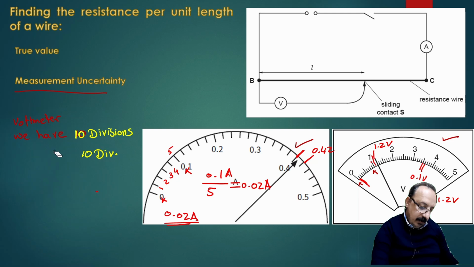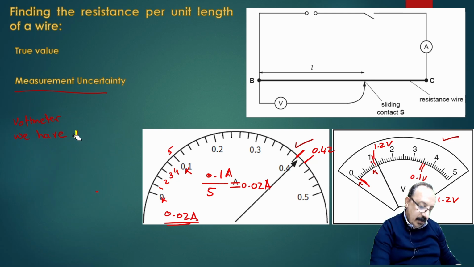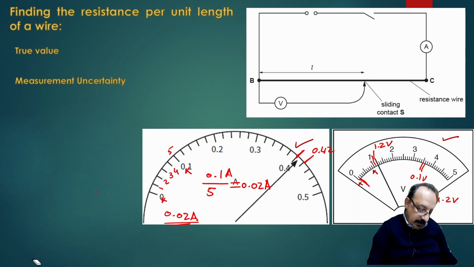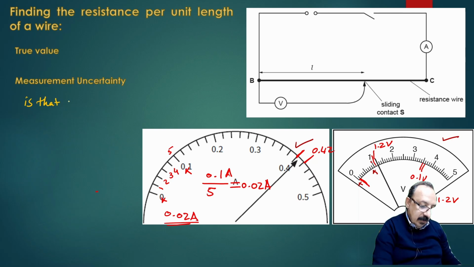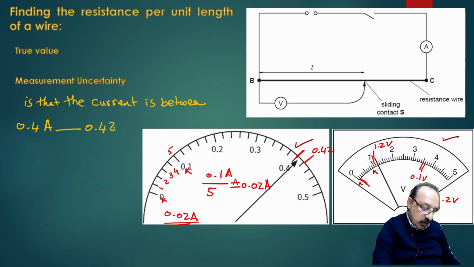So the best that we can say about the ammeter is that the current is between 0.4 amp and 0.42 amp.